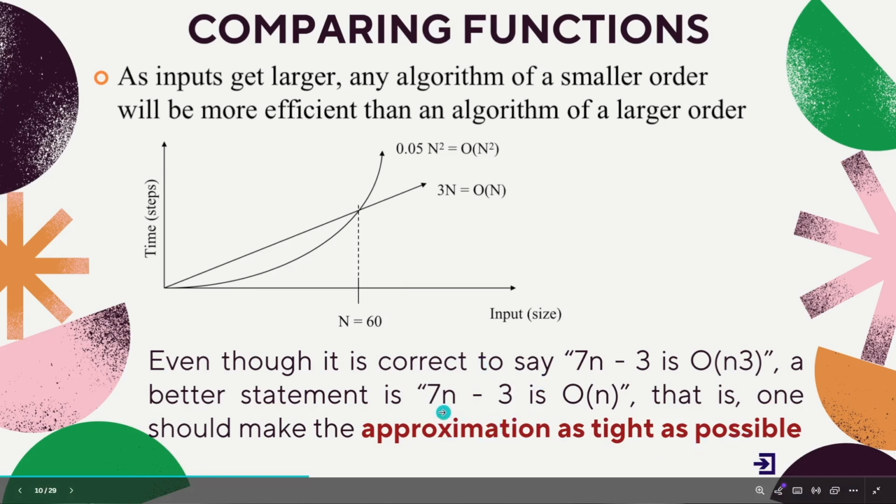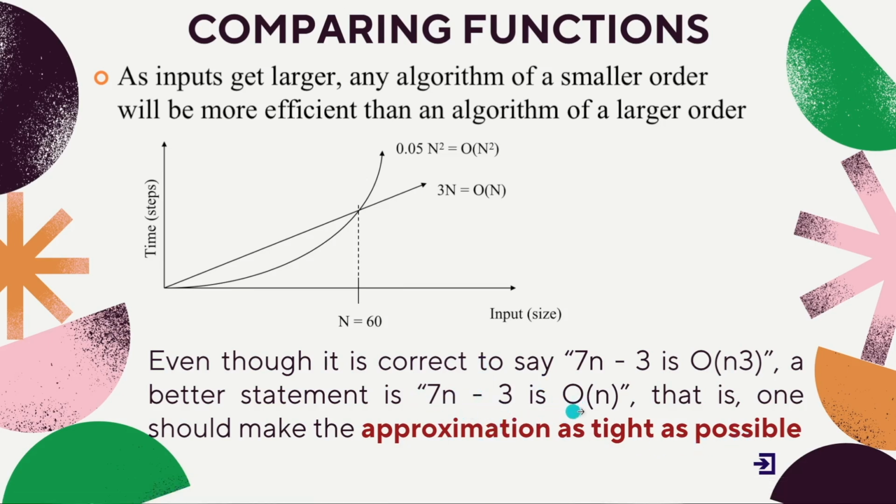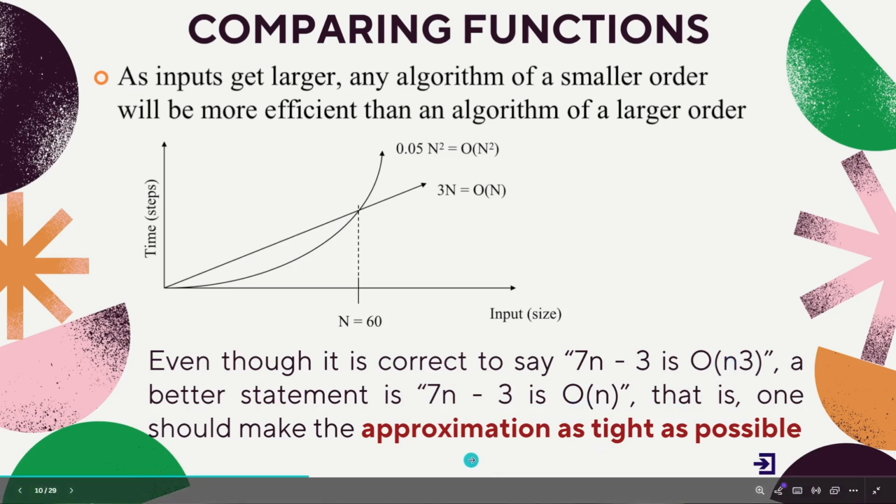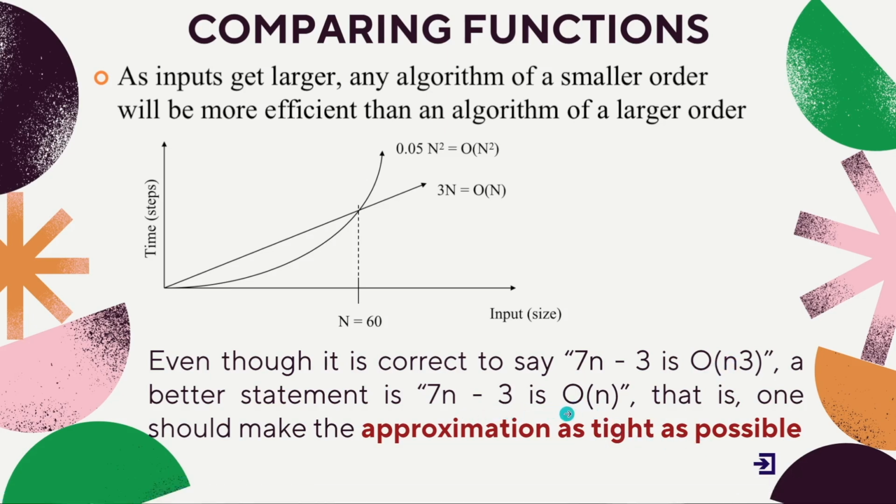So, it is right for us to say that 7n minus 3 is closest to the complexity class order of n than order of n cube, and in order to keep this approximation as tight as possible, we will say that 7n minus 3 is approximately equivalent to order of n.